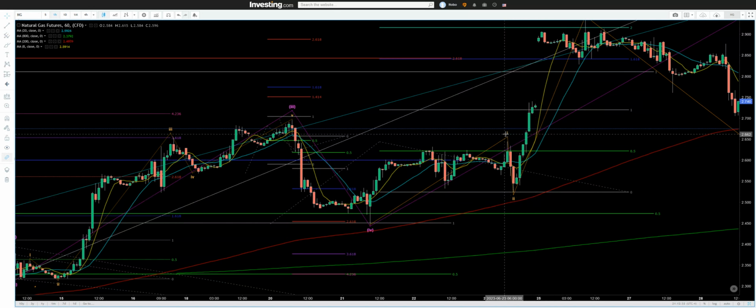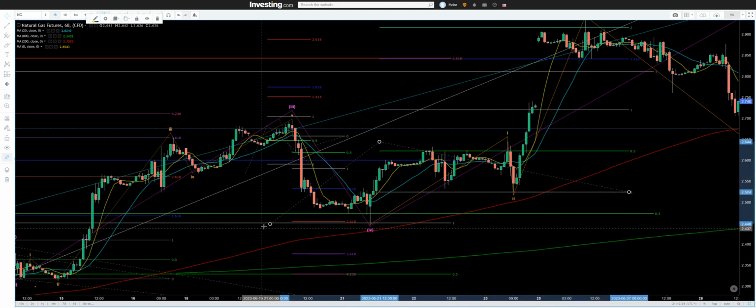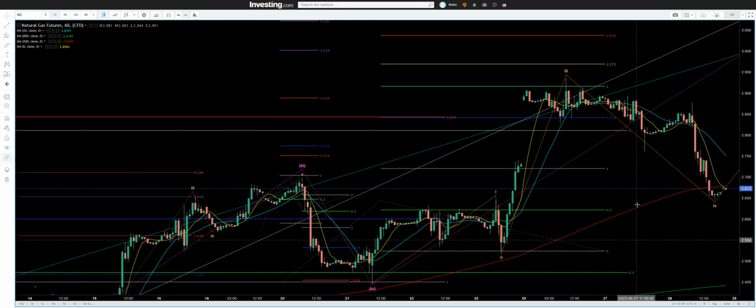Diagonals. So anyway, A, B, C for 2, and I measured the fib from this low to this high, 2.644, down to the low I called at 2.524.